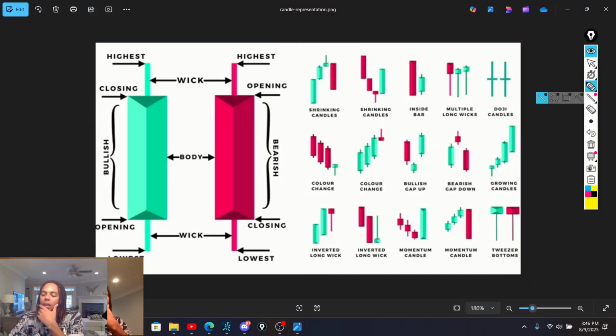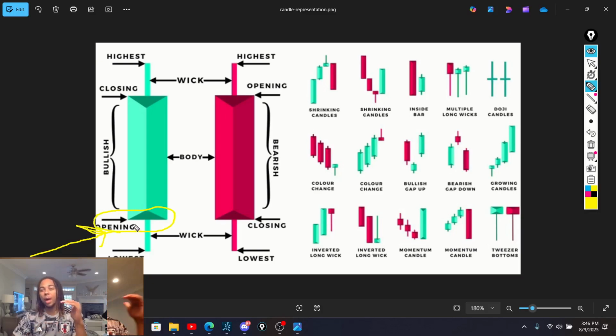All right, so here is the opening price you can see. So basically, where the body starts. And on this side, for a negative, when price action is coming down, you actually have your opening more at the top here. So at one point in time, whatever hour or whatever time frame you're looking at, this is when the candle price, whatever price is right here, is where it was.